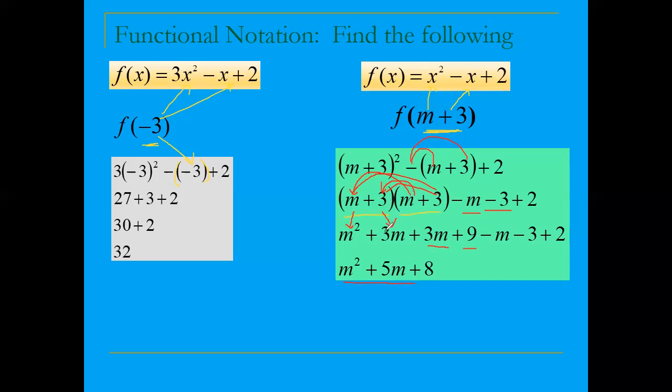M times 3 will give you 3m. Then 3 times m will give you 3m. 3 times 3 will give you 9. Okay. Then here, when you see minus, it is minus 1. And there's 1 in front. So it is m times minus 1 will give you minus m. 3 times minus 1 will give you minus 3. Then you bring your plus 2 and then simplify it. Okay. When you simplify, this will give you what? Just group like terms and then simplify. That is what I'm saying. Okay. Say thanks. Thank you. You're welcome.